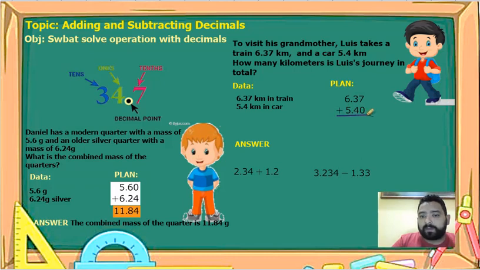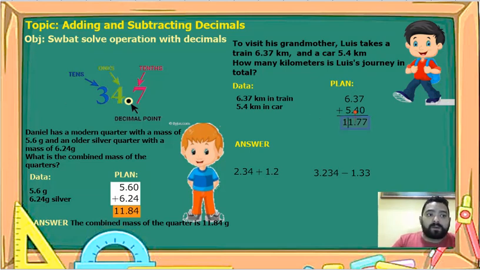So here we're going to add: 7 plus 0 gives us 7. 3 plus 4 gives us 7, and 6 plus 5 gives us 11. And then we bring down the point, so it's going to be 11.77.